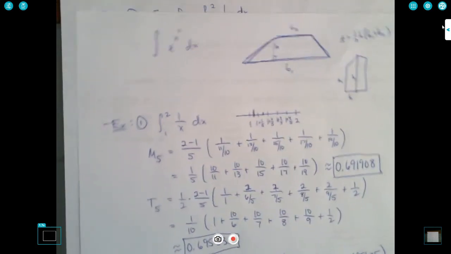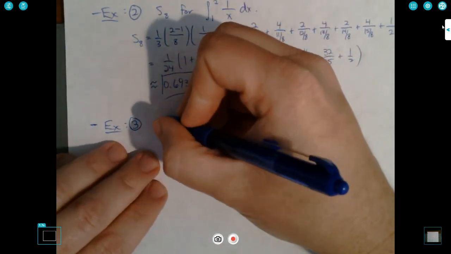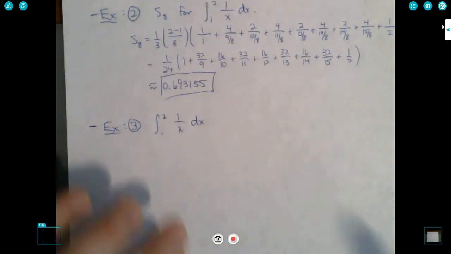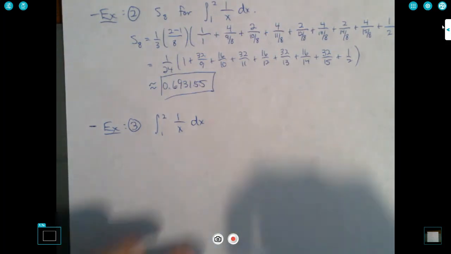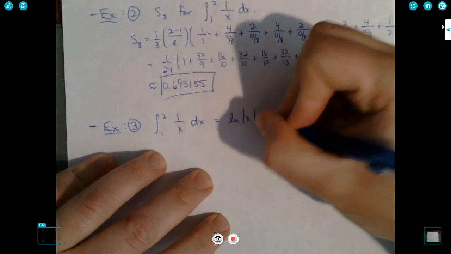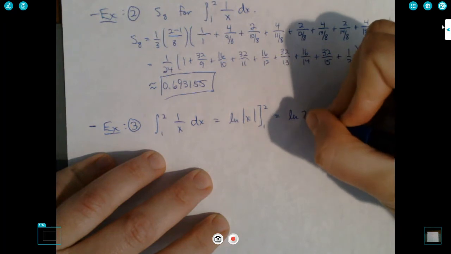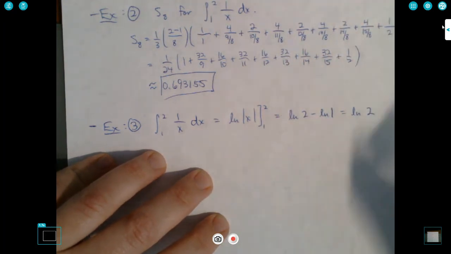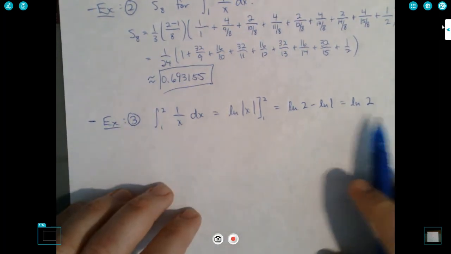So it's not a terribly complicated thing, but let's just remind ourselves. We're doing the integral from 1 to 2 of 1 over x dx. That's going to be ln of the absolute value of x evaluated from 1 to 2. So that's just ln 2 minus ln 1. ln 1 is, of course, 0, so that's ln 2. Right, so that's the actual value of the integral.